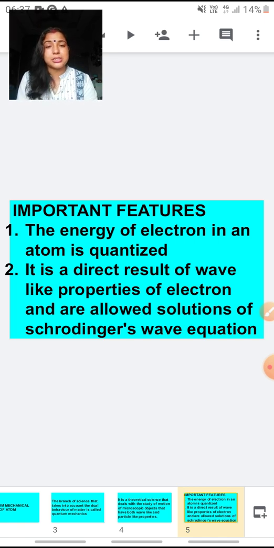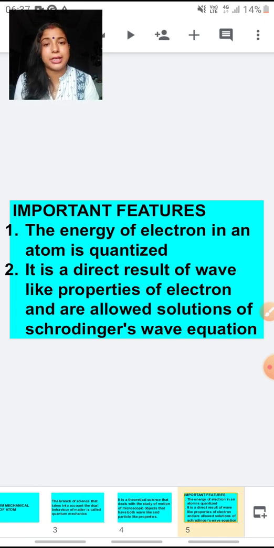That means the nucleus is attracting, but not the electron at every place. Suppose this is the nucleus, this is the electron. The electron has a quantized amount of energy. It can exist here or here. It cannot exist here. Because of this quantization, the electron does not go inside the nucleus even though the attraction is there.